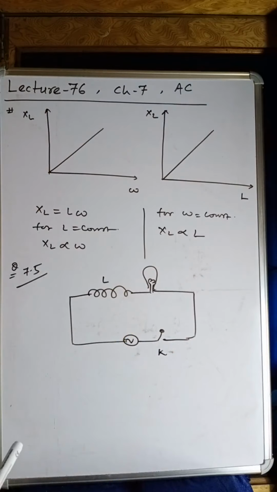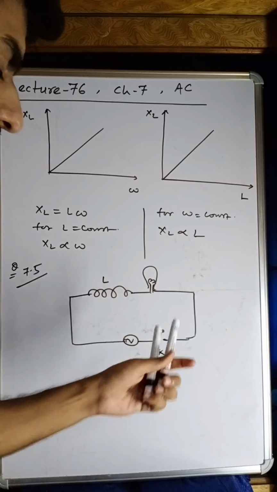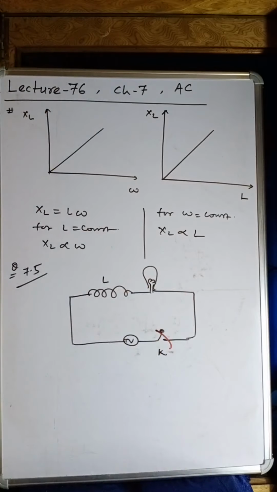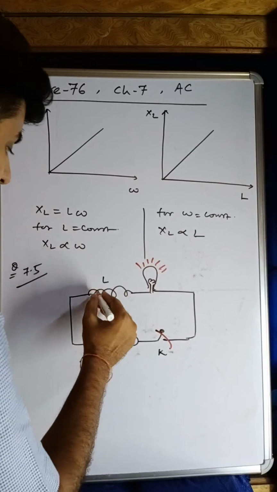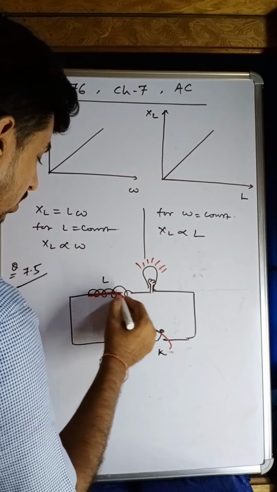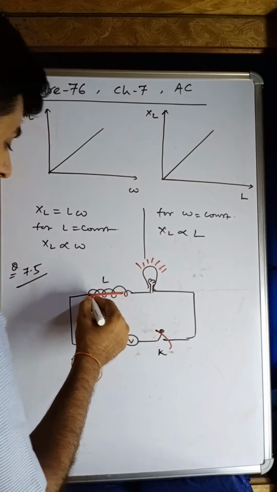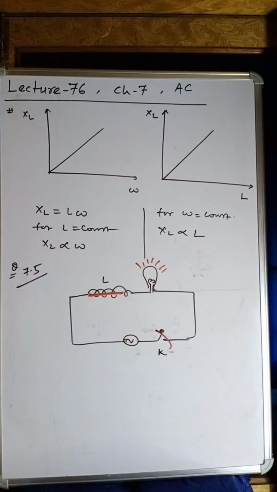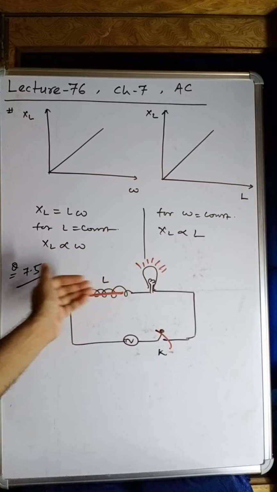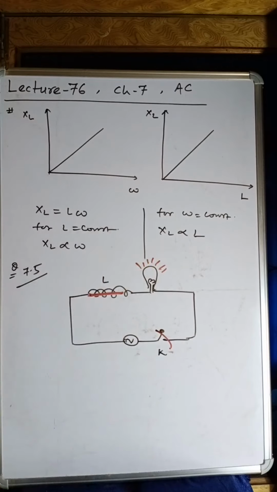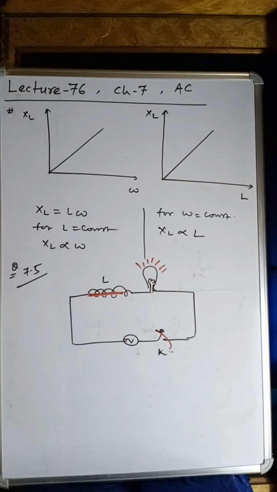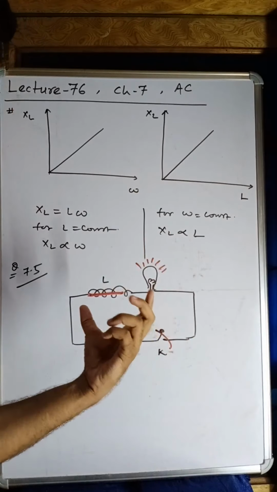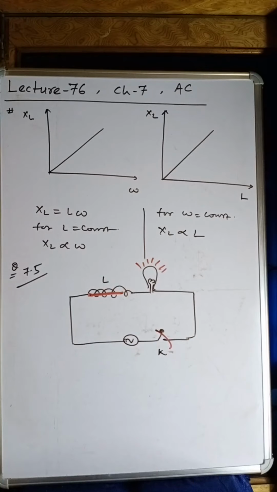Okay. Now the question, switch is closed, it glows, but what will happen if we will introduce an iron rod, ferromagnetic rod inside the coil of inductor? What will happen to the glow of bulb? And the options are given. It will decrease, it will increase, it remain unchanged, etc., etc. Okay, try to think what should be the answer. I hope you understand the question.